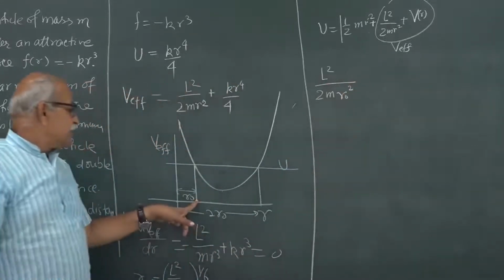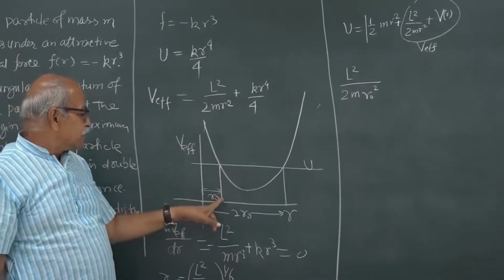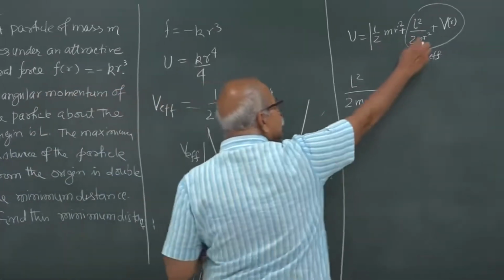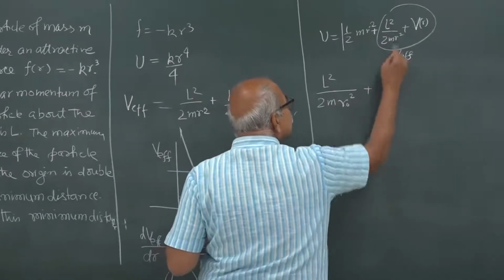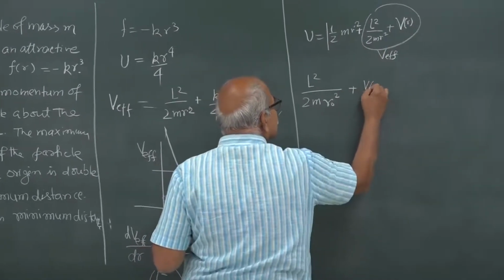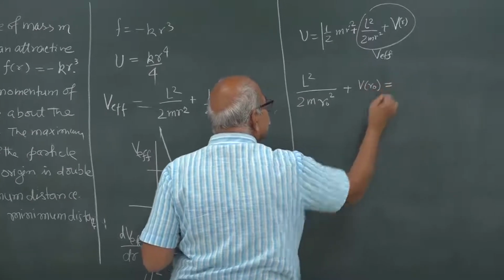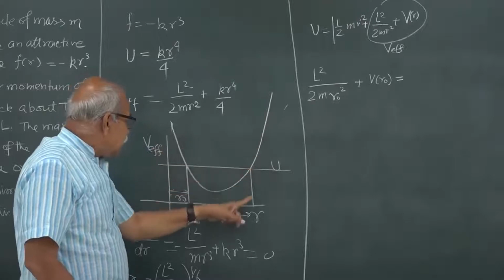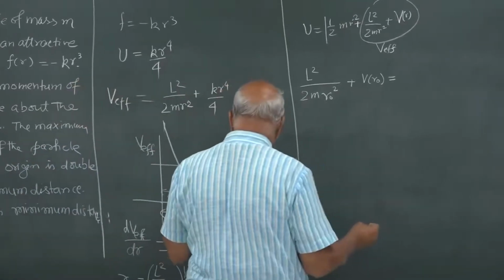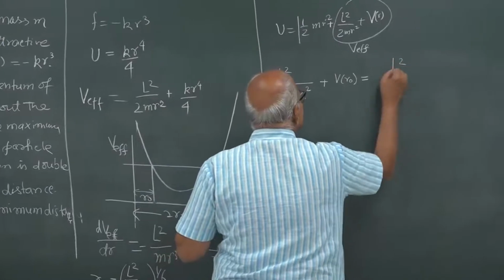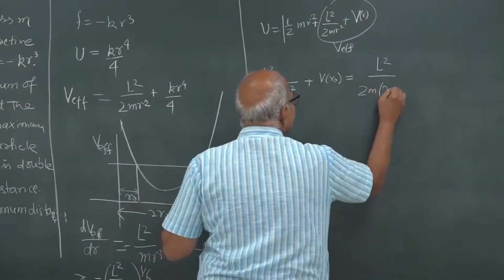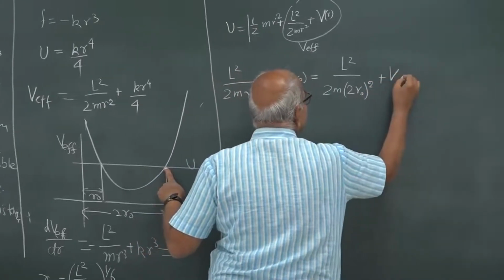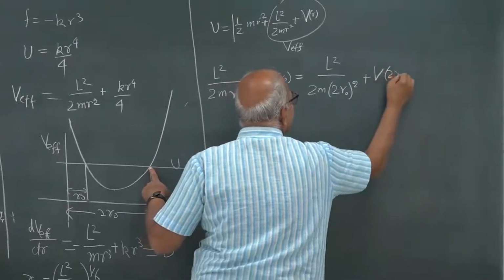Okay. At this point, minimum distance, what is the effective potential energy? So, r is equal to r naught. I am writing r naught here and then plus the potential energy at r naught, which is equal to the effective potential energy at this point. So, the effective potential energy at this point is L square divided by 2 m, 2 r naught square, and then plus the potential energy at 2 r naught.